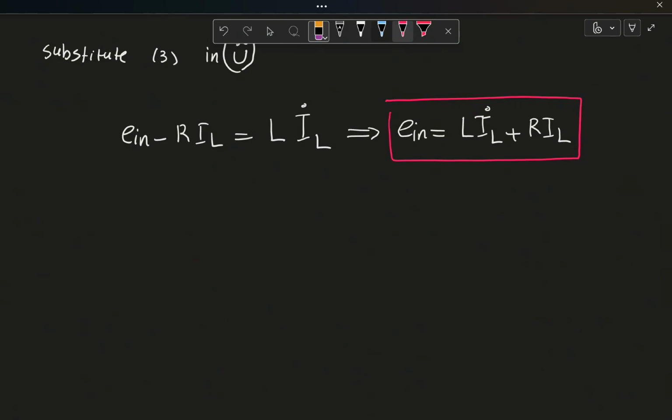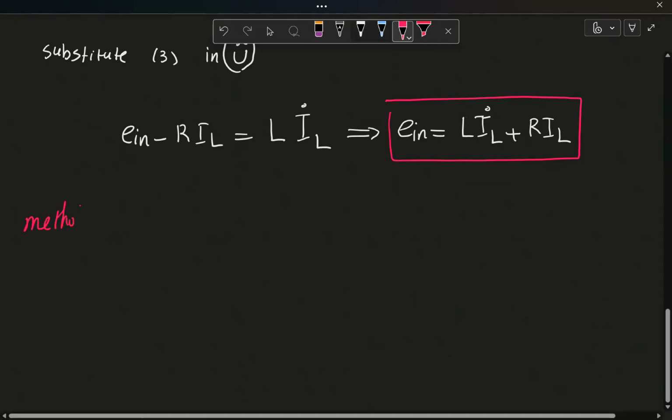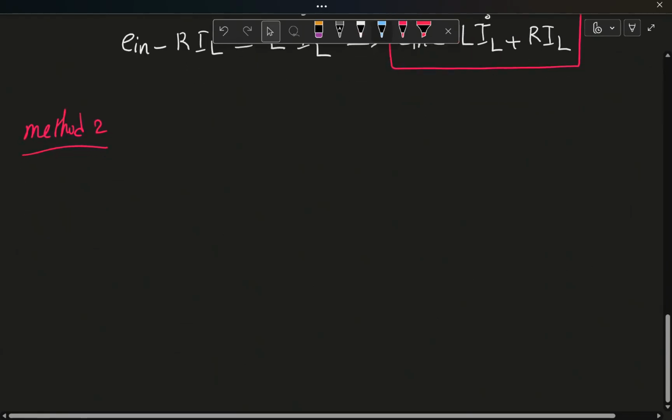So this 4-step approach is not the only way to derive the dynamics of these systems. Another method, which is method 2, is writing down the KVL directly and substituting the terms in KVL. If you remember, from your KVL, you had negative EL, negative ER plus EN equal to 0.